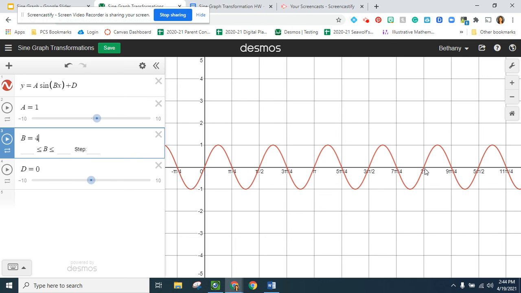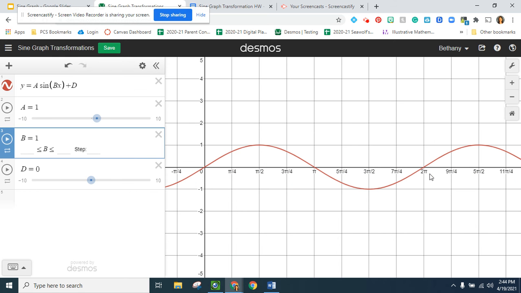If I change this to 4, I would have 1, 2, 3, 4 complete cycles happening between 0 and 2 pi. What if I change it to a half?